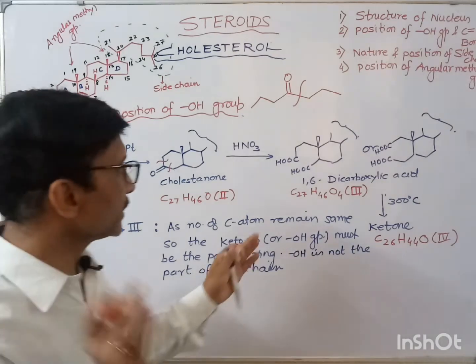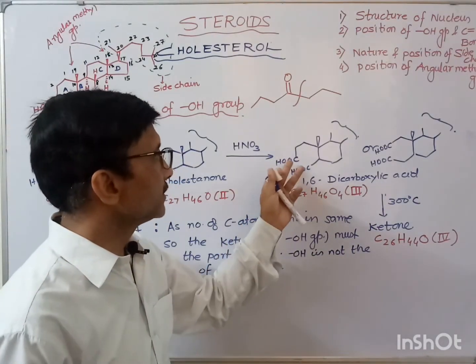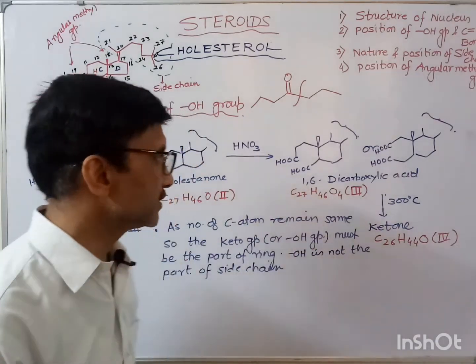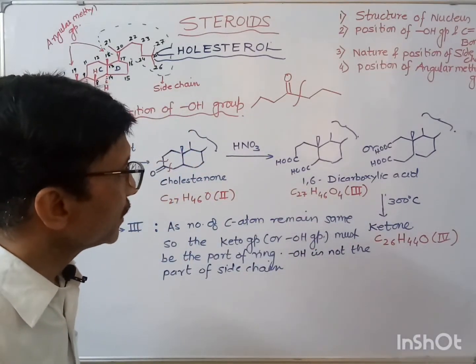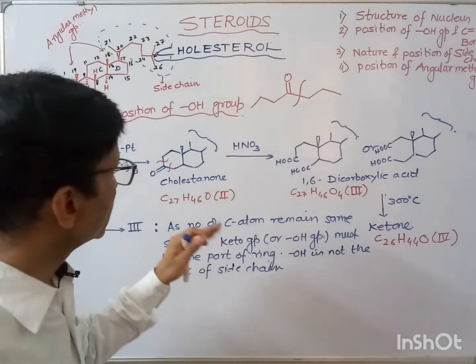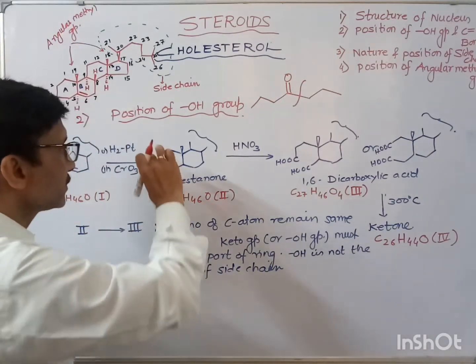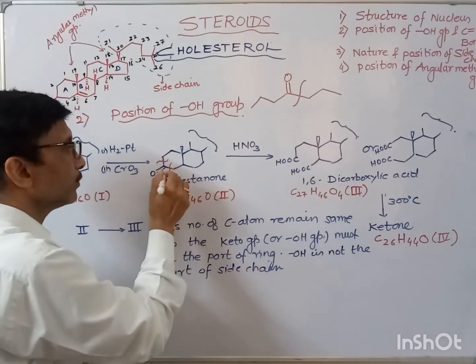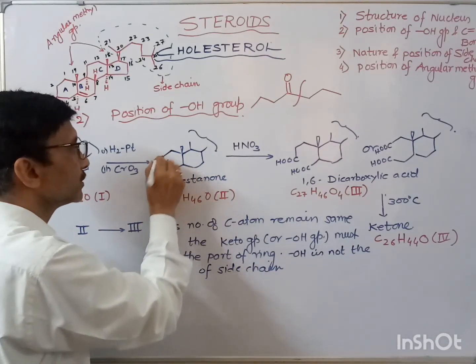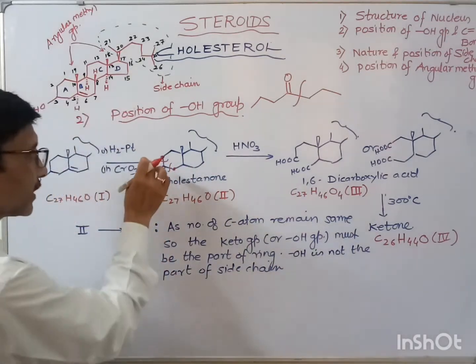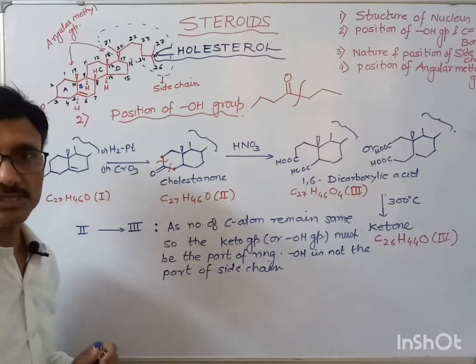Now, another thing that we may conclude is that the formation of this dicarboxylic acid suggests that this keto group is flanked by two methyl groups, or it may contain this CH2COCH2 group.